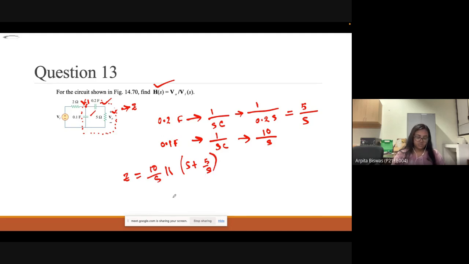Then what is the value of it? 10 by S into 5 plus 5 by S, by 10 by S plus 5 plus 5 by S.